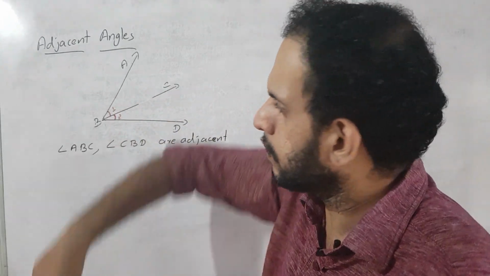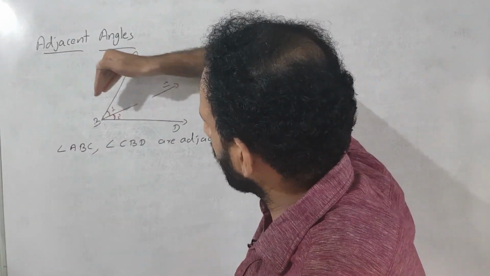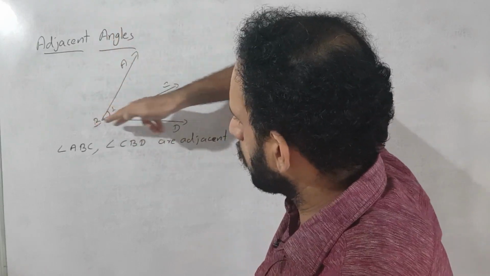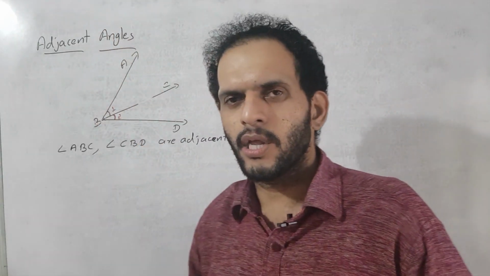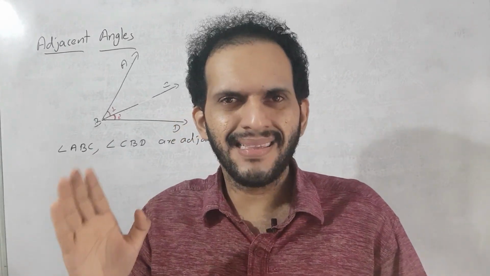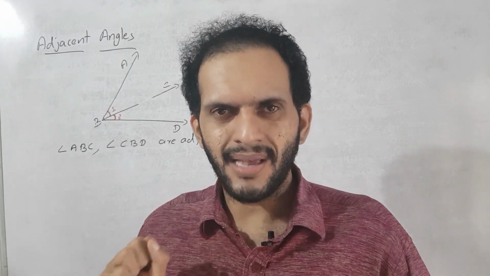Correct? We can see it clearly. BA is on one side, above BC, and BD is on the other side. So the non-common arms lie on either side of the common arm. So it satisfies the three conditions. What are the three conditions?